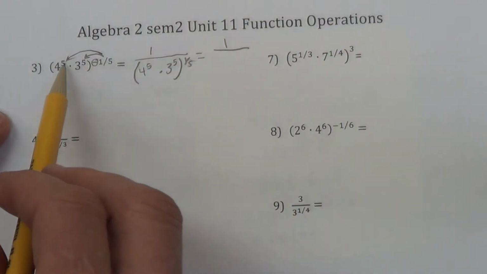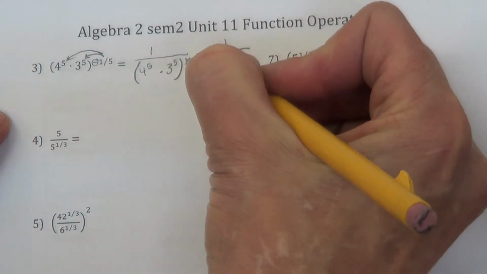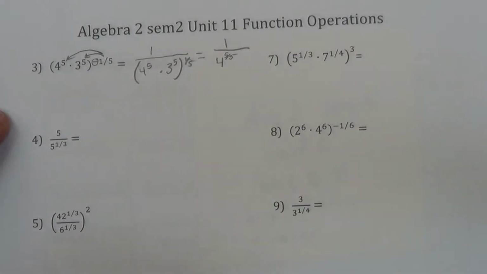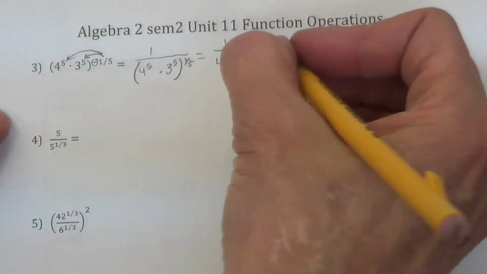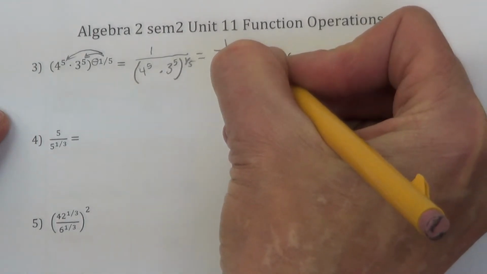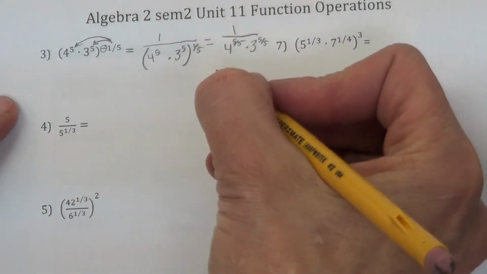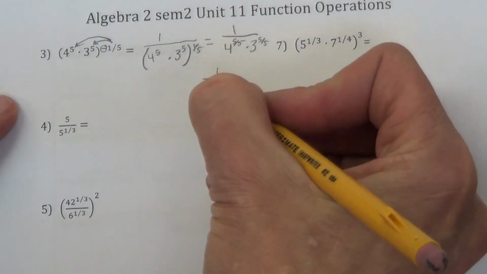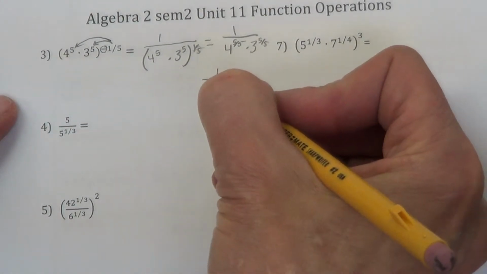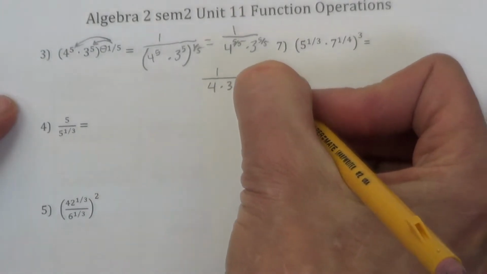So 1/5 times 5 would be 5/5, or 4 to the 1st. I'll write 5/5 so I don't lose anybody. Okay, and 3 to the 5th times 1/5 would be 3 to the 5/5. Now that is 1 over 4. 5/5 is equal to 1. I don't have to put a 1 there. Times 3 to the 1st, which equals 1 over 12.